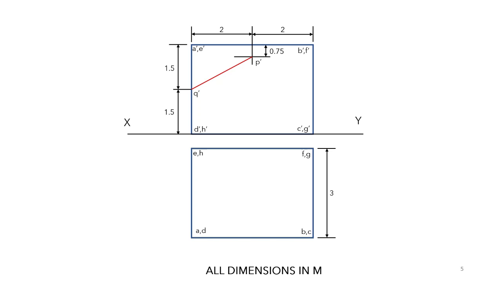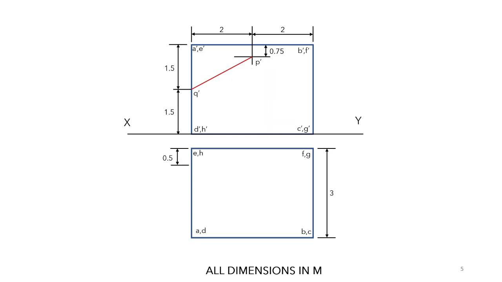Now if you consider this line P dash Q dash, will this line be the true length or projected length of the line that connects the fan center and the switch? So this will be the projected length.